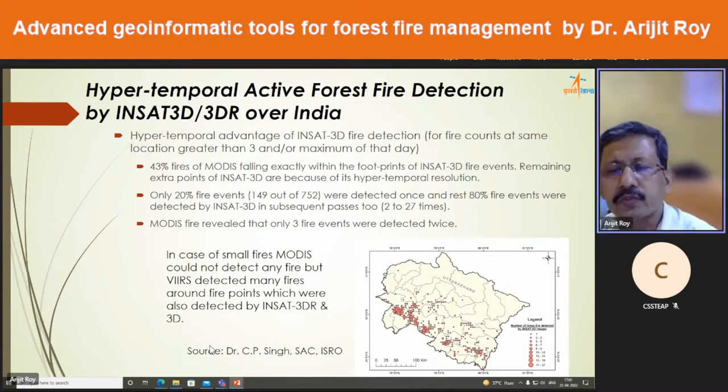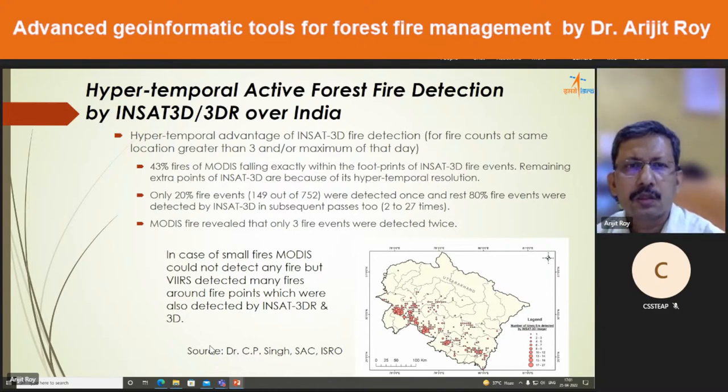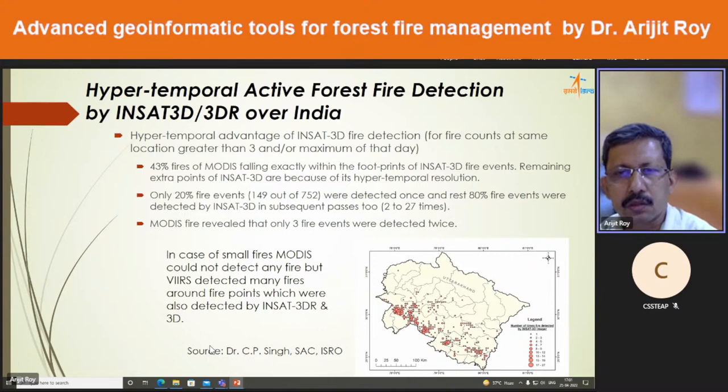So this sort of sensors can provide us information of how long a particular fire event has occurred. So during the 2016 fire event of Uttarakhand, the INSAT 3D 3DR could detect a fire almost 27 times at one particular location.